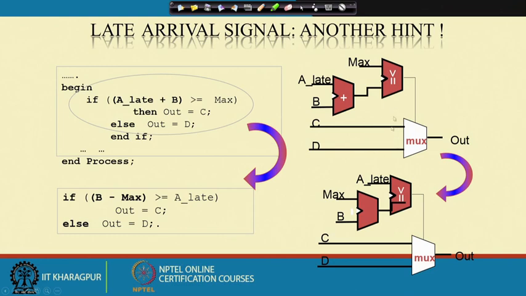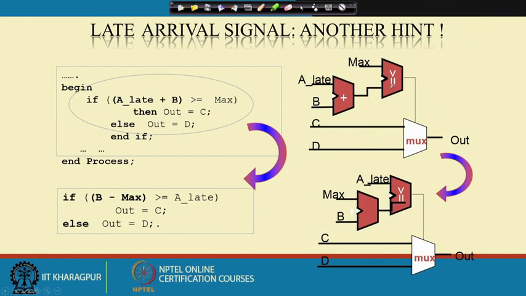So, what will be the circuit implementation? If I implement this particular logic using a circuit or architecture, if I just draw it, what do I need? A_late plus B first, and then that has to be checked with max.